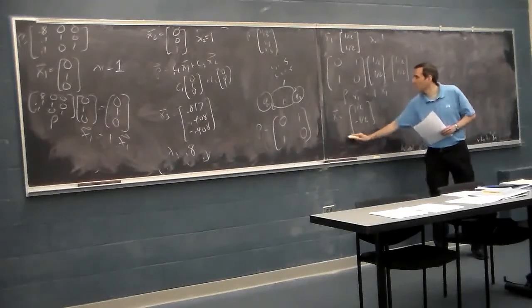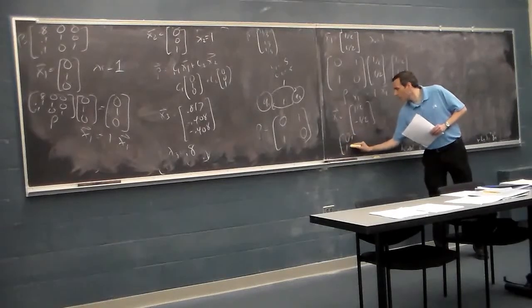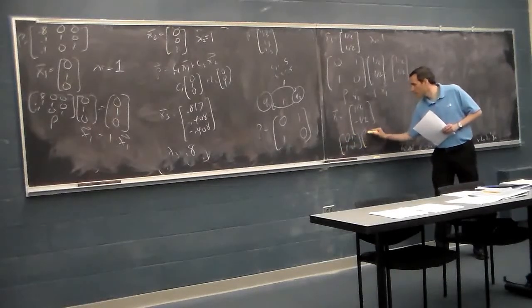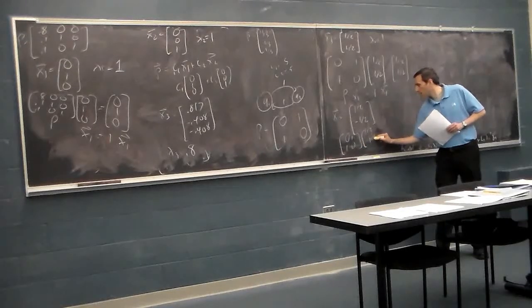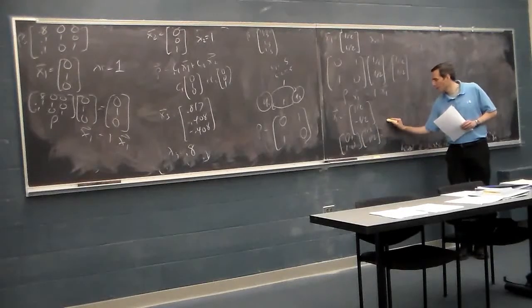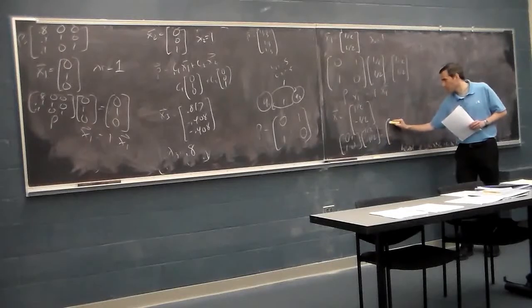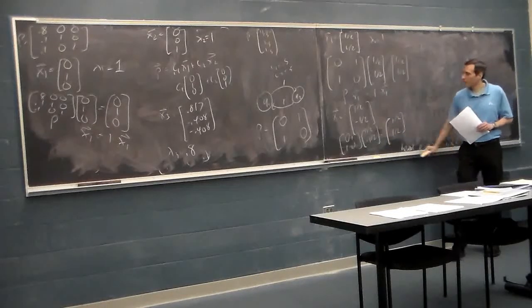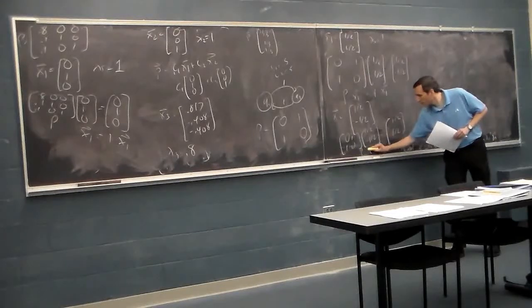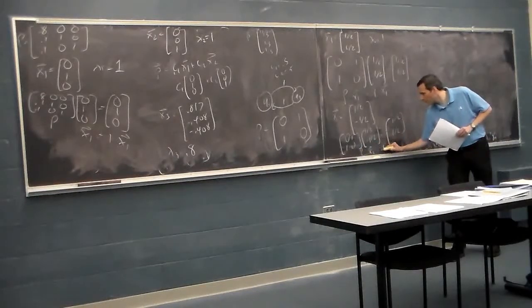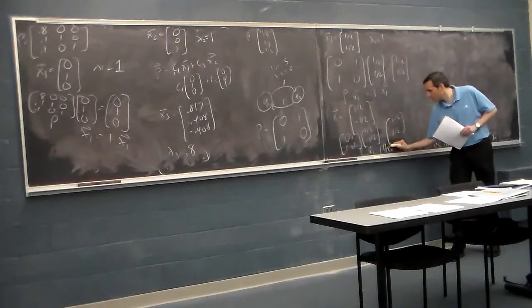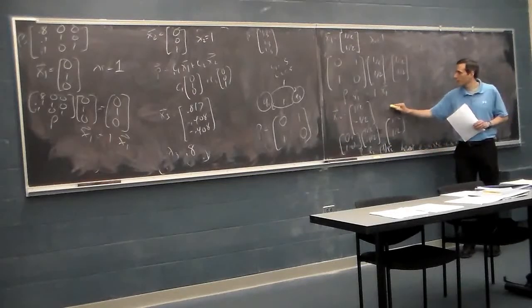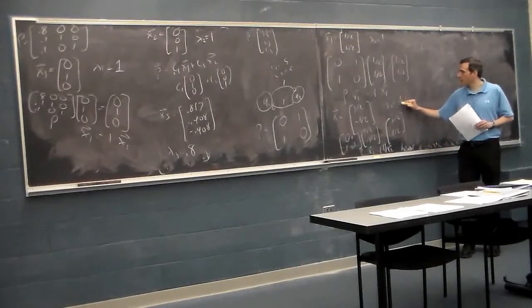So if we take the multiplication (0, 1; 1, 0) times (1/2, minus 1/2), what we're going to get out is (minus 1/2, 1/2). So in other words, P times x2 is equal to -1 times x2. So lambda 2 equals -1.